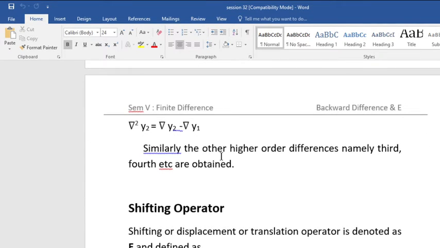Similarly we can define other backward differences also. Second backward difference of y2 is equal to first backward difference of y2 minus first backward difference of y1. Similarly the other higher order differences, namely third, fourth and others, are defined.